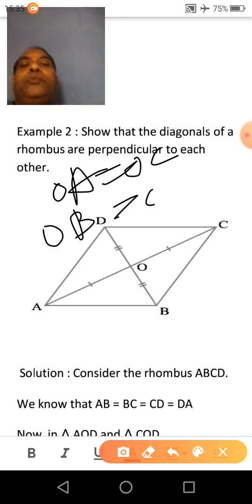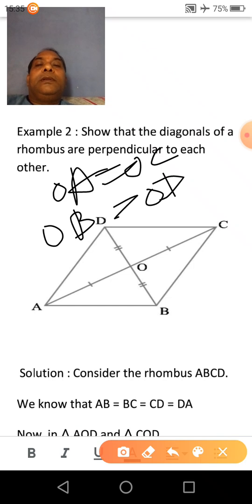Clear? So OA is equal to OC and OB is equal to OD, and they will be perpendicular to each other. You have to prove that.